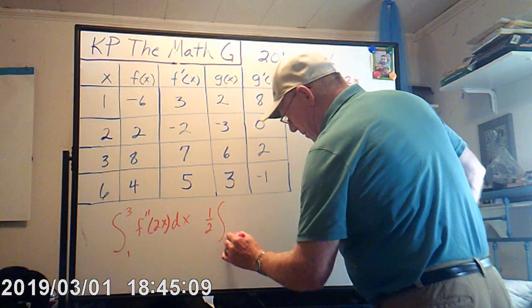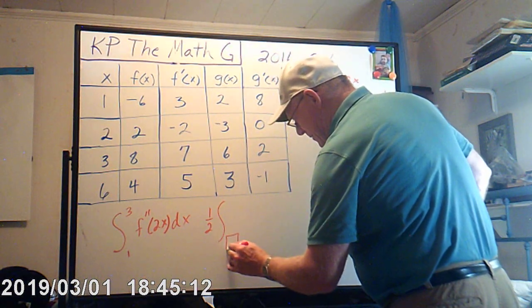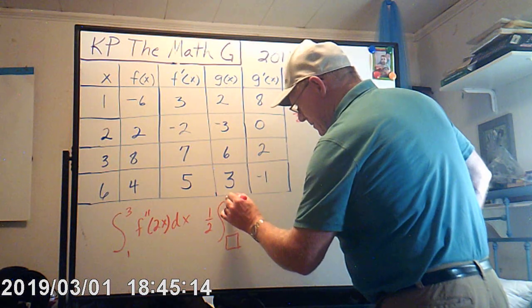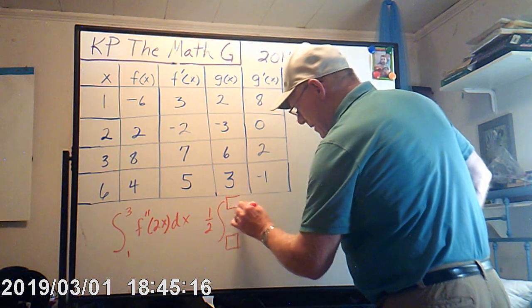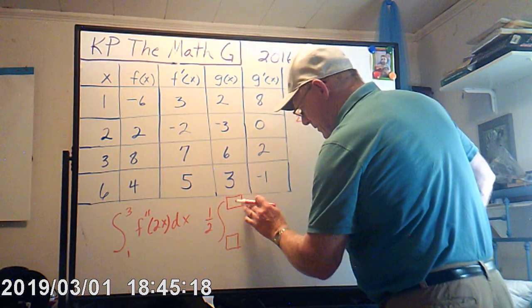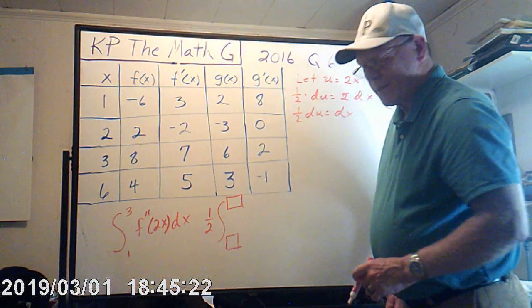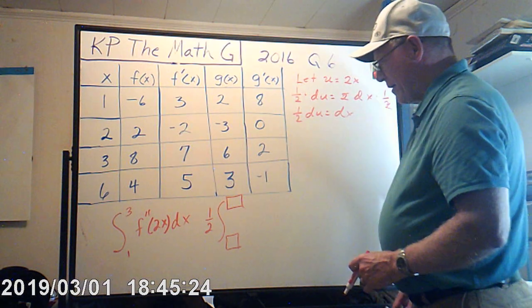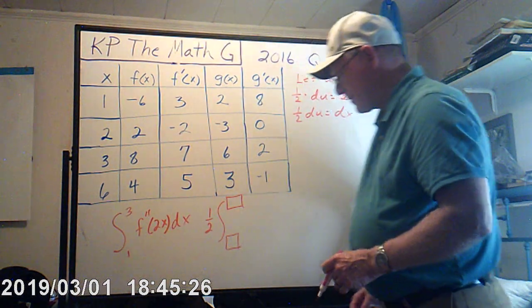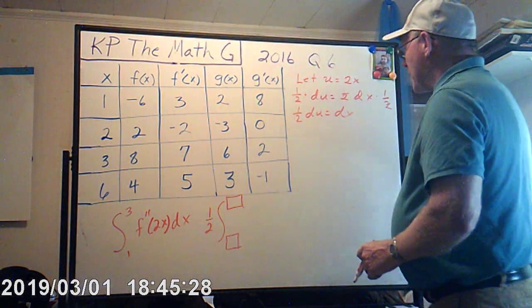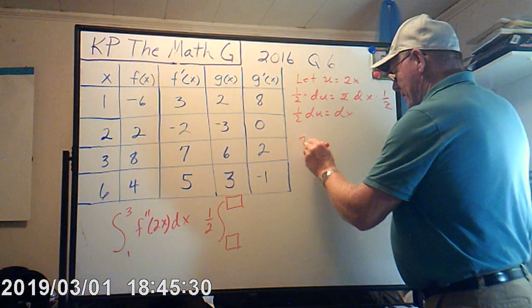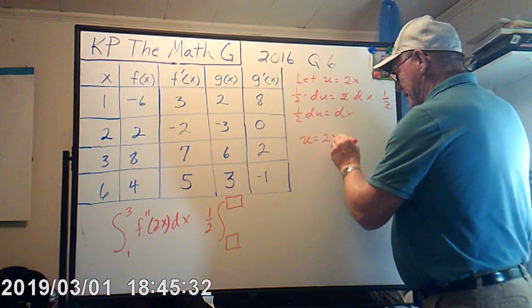But now I want to change this integration. The limits of integration is what we want to change, because I have a 2x here. Let's go back to u being equal to 2x.